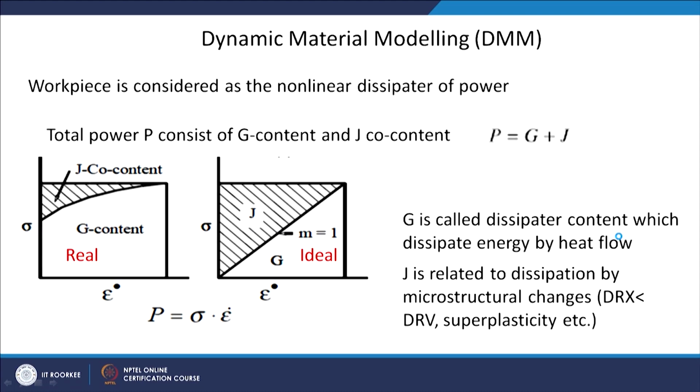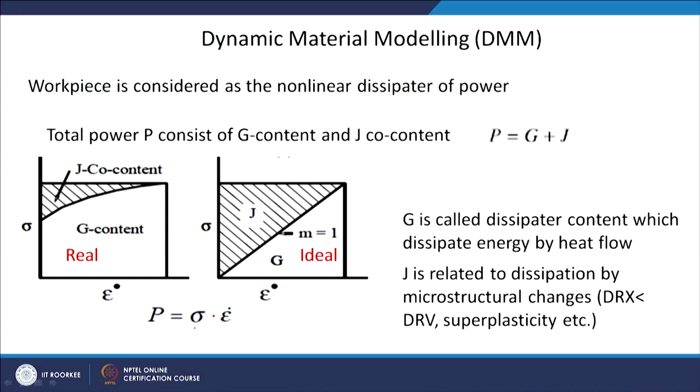So, now what is the dynamic material model? As we have already discussed, the workpiece or the material is considered as a dissipator of power. Of course, we are not considering it as a linear dissipator of power, it is a non-linear dissipator of power. If we want to see the total power in terms of strain rate and stress, the total power is simply stress multiplied by strain rate.